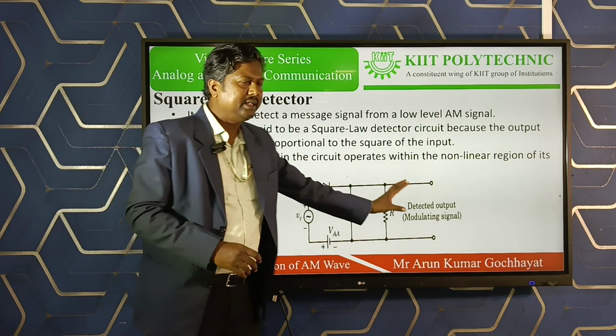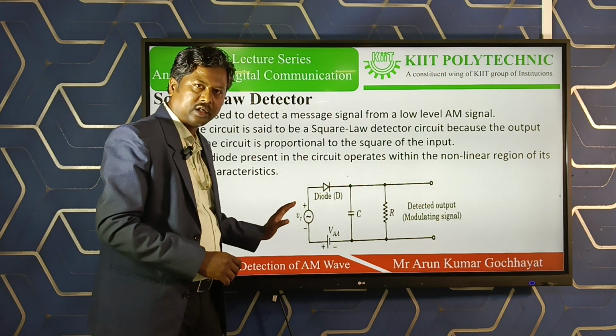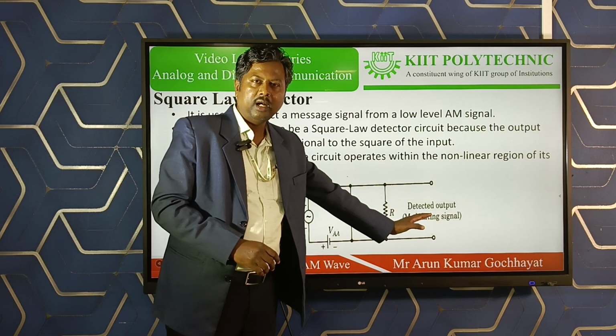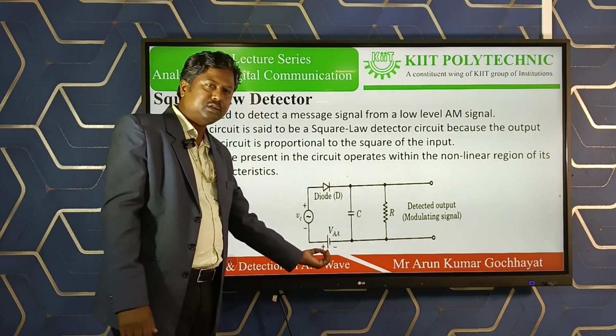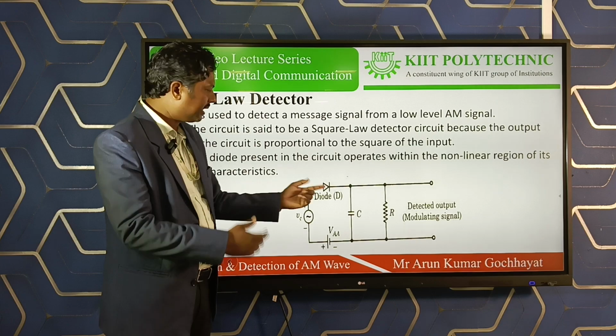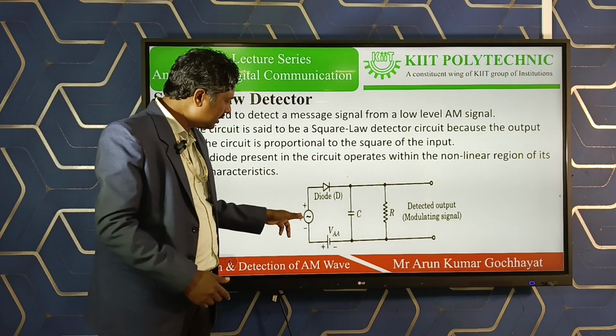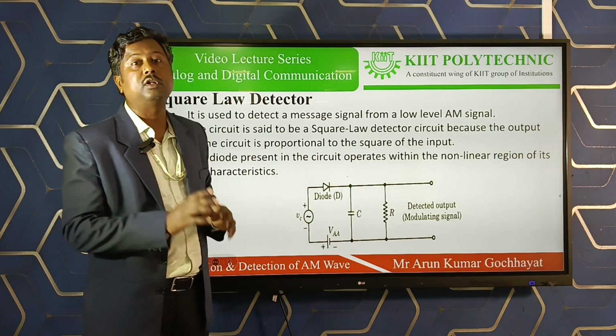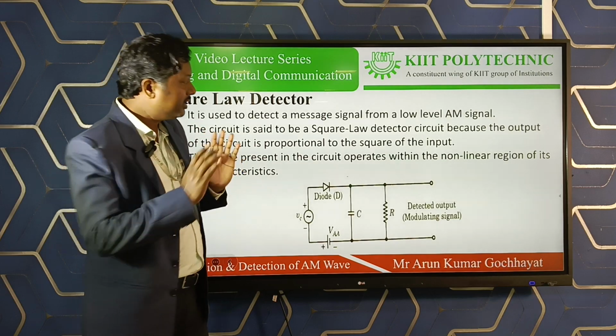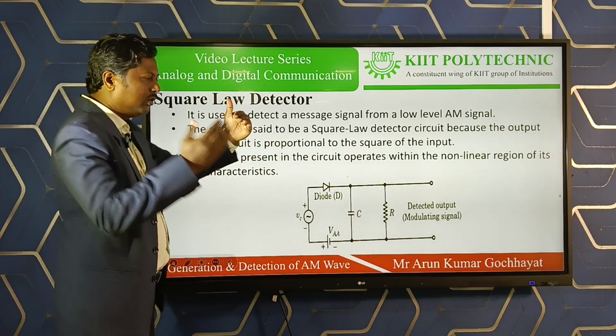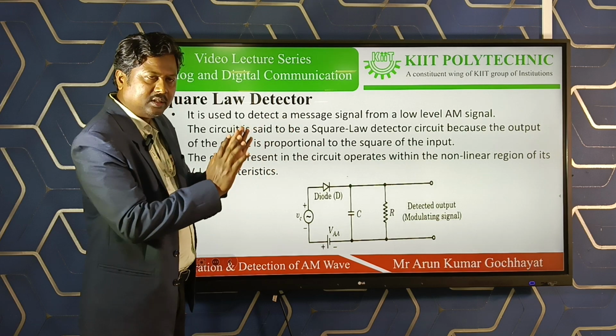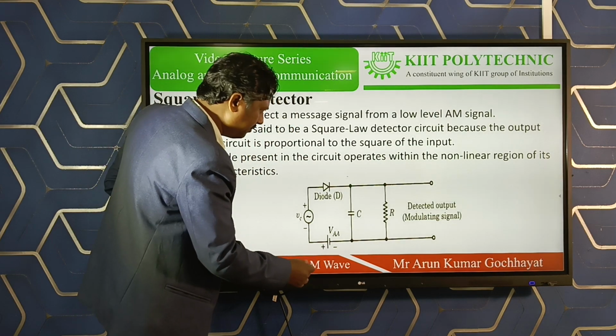So it would not provide any part of the lower half of the negative cycle to the output. But due to the presence of this battery, it helps in making the diode forward biased during the negative half of the input voltage also. So in that way, what would happen? The lower part of the lower half of the carrier, if I may be permitted.